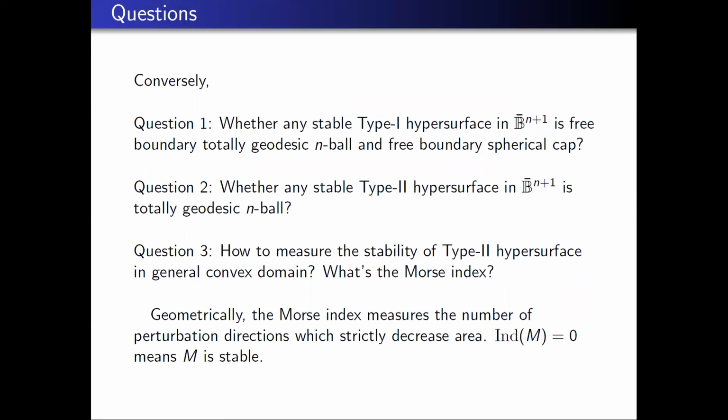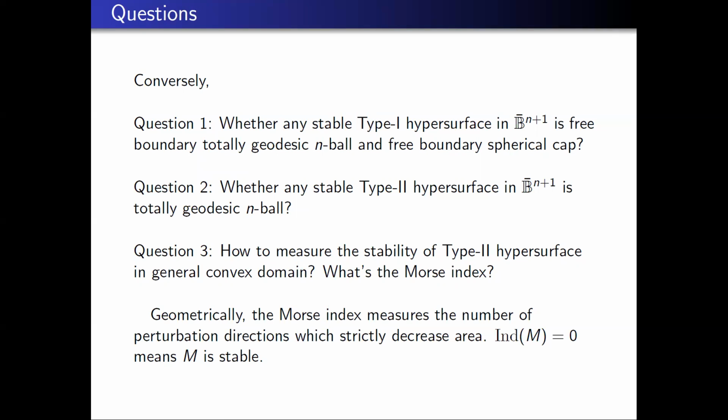And we are interested in the inverse problems. Question 1: whether any stable type 1 hypersurface in a ball is a free boundary totally geodesic n-ball or free boundary spherical cap. Question 2: whether any stable type 2 hypersurface in the unit ball is a totally geodesic n-ball.